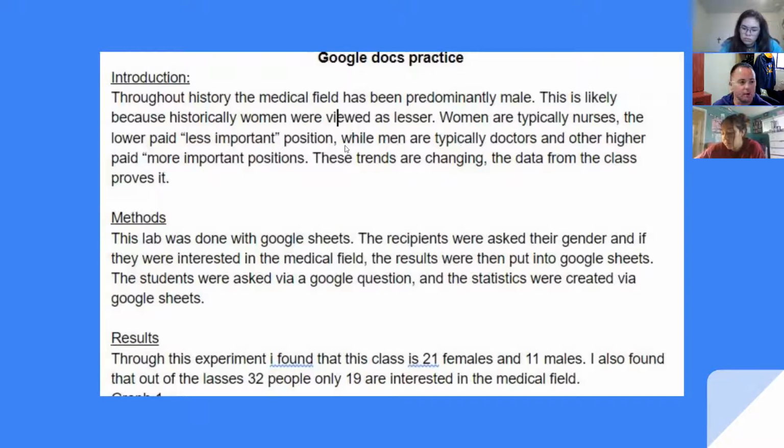Who can give me one error that they see right away? Go ahead and unmute yourself and give me an error. If you don't volunteer, I'll start calling you guys out. What do you guys have? Rachel, what's one error that you see? It looks like they didn't use any evidence or cite any evidence that they used.